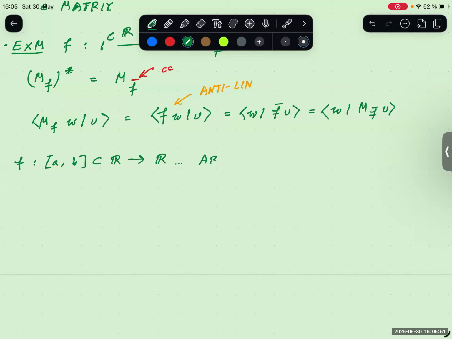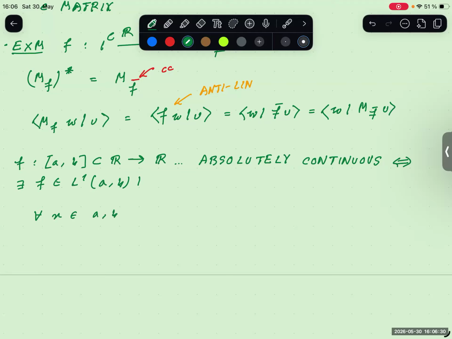Functions are absolutely continuous if and only if there exists a function g which is L1, I hope now all of you are comfortable with these notations, such that for all x in the interval [a, b], the fundamental theorem of calculus is true, which means that f of x equals f of a plus the integral from a to x of g of t dt.